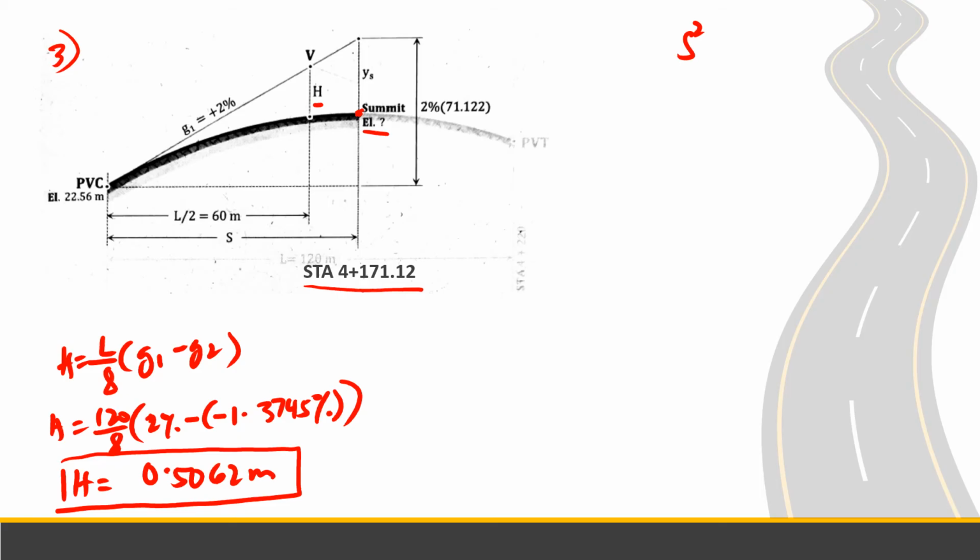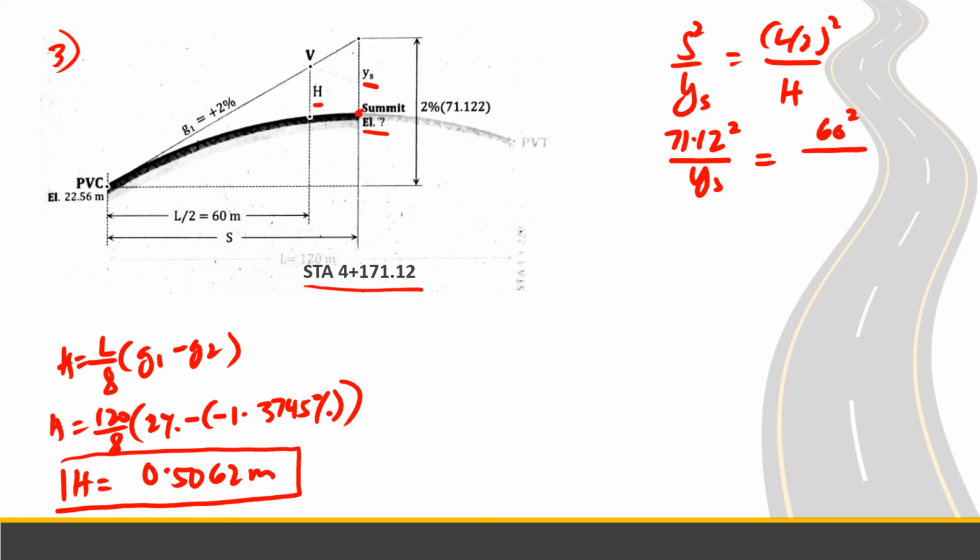By the parabolic equation, S squared over Ys, so this y here, is equal to L over 2 squared over H. So S is 71.12 squared over Ys, so we find our Ys, equals 60 squared over 0.5062 meters. So Ys is equal to 0.711 meters. That is our Ys.